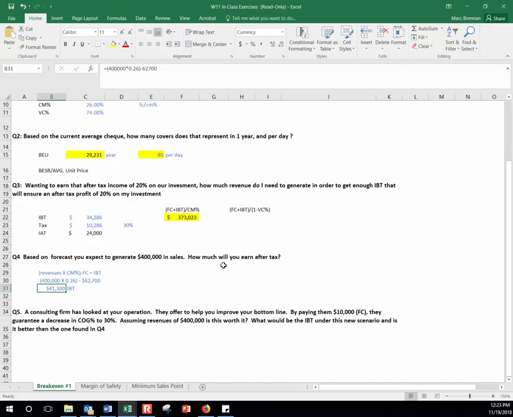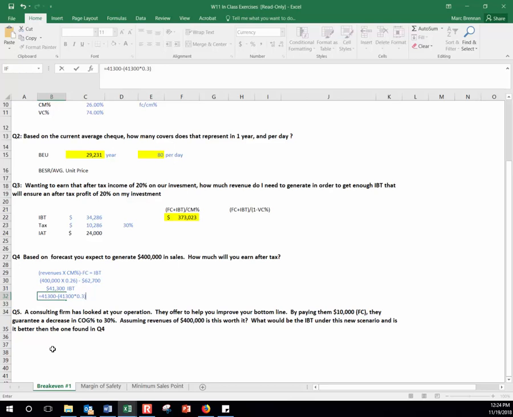Okay? Now the question says, how much will you earn after tax? It's always important to read our questions. So this is our number before tax. So if we want to figure out our income after tax, we can go $41,300 minus whatever the tax is. So $41,300 times 0.3, 30% on tax.